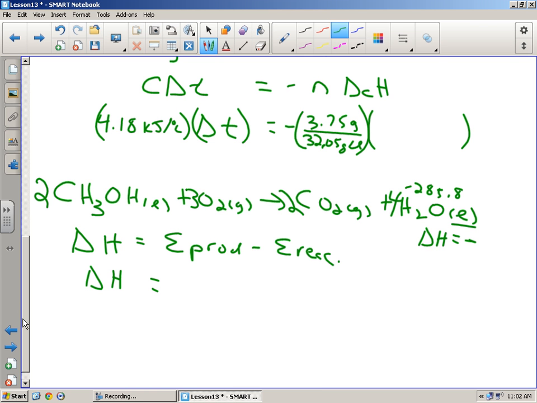Minus 2 times methanol, which is a negative, and you have to be careful with this, 239.2. Make sure you pick the right one. There's methanol and there's methanal. Those are different, okay? Methanol. And all said and done, you should get a negative 1451.8.